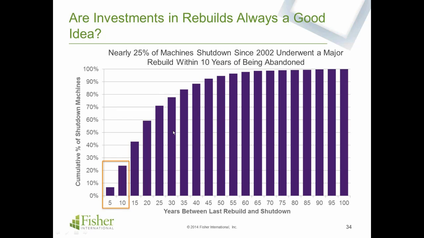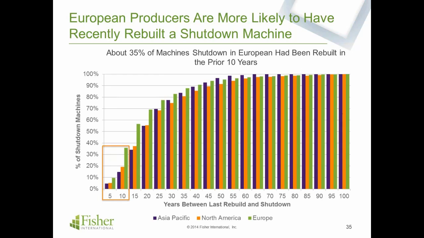Okay? So what we see is that globally, about 25% of the machines that have been shut down since 2002 had undergone a rebuild in the 10 years prior to being shut down. Now that varies a little bit by region.